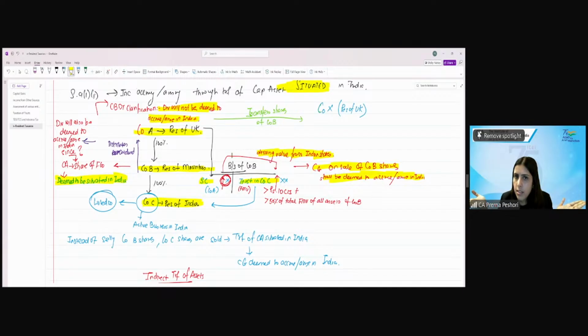Now, let's say, for example, company A wants to sell the business here in India. What will it do? It can sell the shares of company C. Correct? If it sells the shares of company C, what will happen to the capital gain?